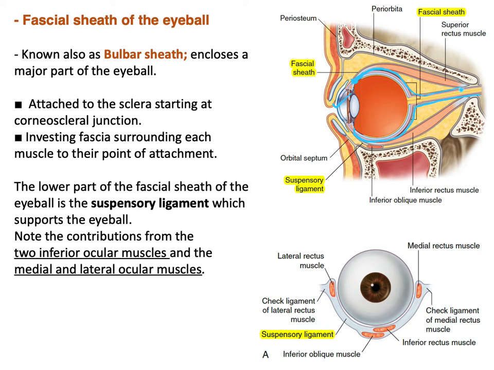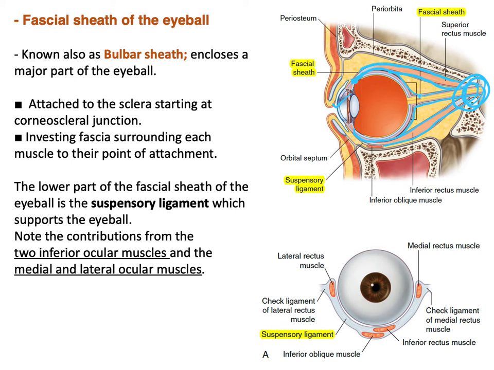Do you think it's just like that, lining the walls and making posteriorly a common tendinous ring and covering the optic nerve and sclera? No, but also it covers the muscles controlling and moving the eyes, as you see here. Also look at it here, so it covers the eyes.